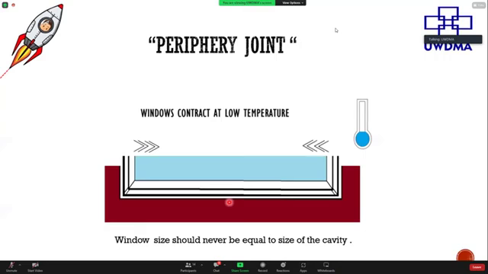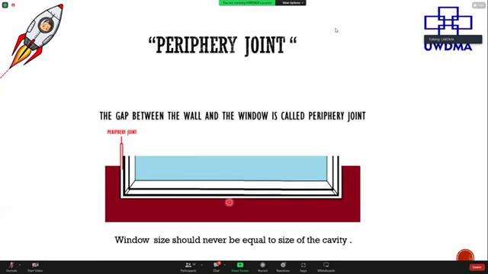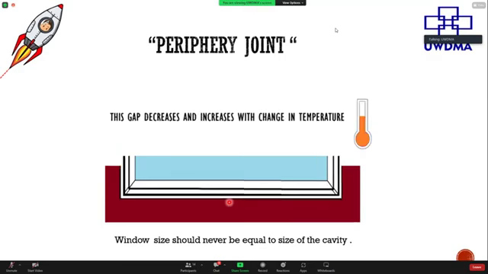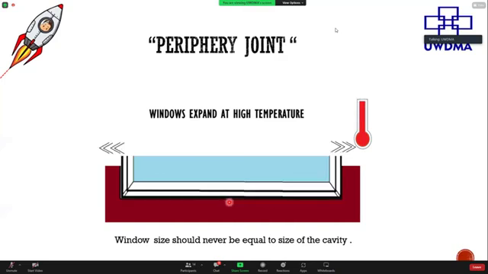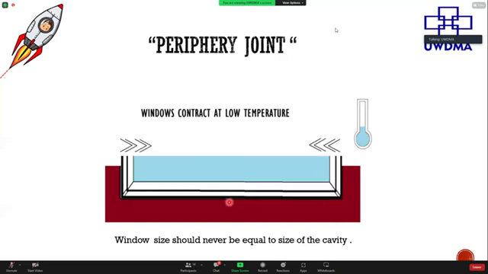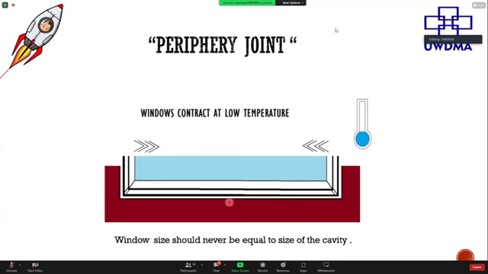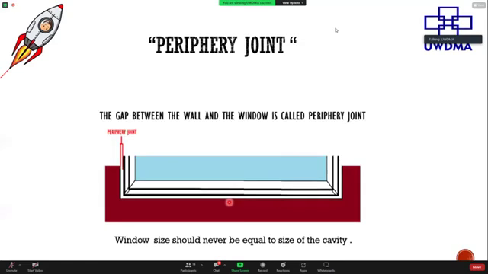And not just for the window, there are a few other things for which we keep this gap. Firstly, of course, for the expansion and contraction of the window. Secondly, this gap is needed for perfect sealing, because just imagine if there is no gap.